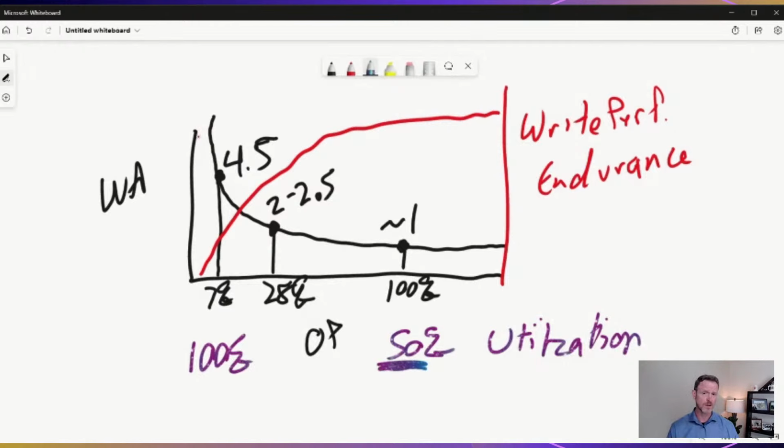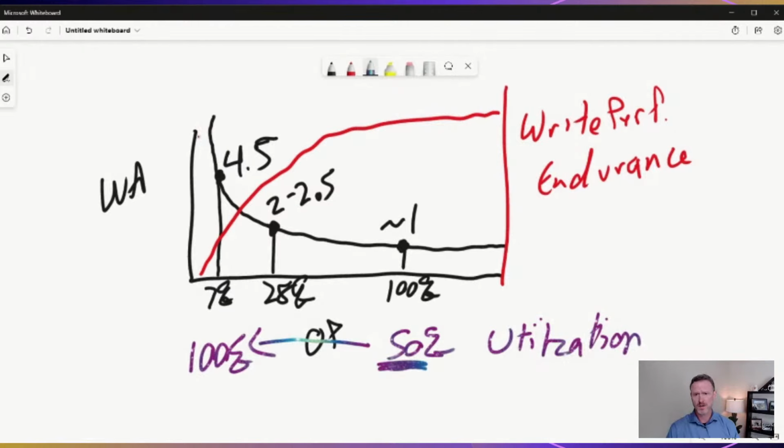So you've used 50% of the drive and you have 50% free, 100% extra space. As you move up in your utilization, you're moving down on this curve of write performance, and you're going to start to crater your write performance. So all those concerns about endurance, performance, and reliability as you increase utilization are true.